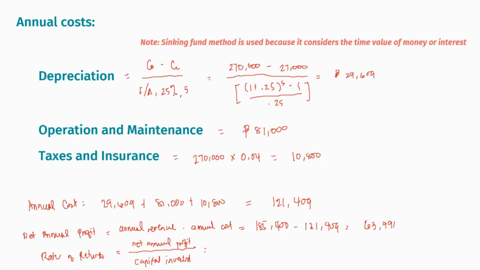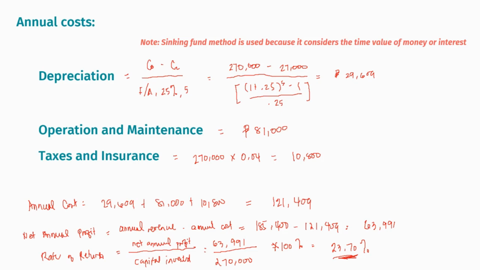From what we computed, 63,991 yung annual profit all over 270,000 pesos. So if we compute that, multiply natin ng 100% kasi rate of return siya, that is equal to 23.70%. And since yung expected ng company is 25%, this is less than 25%, therefore the investment is not justified.